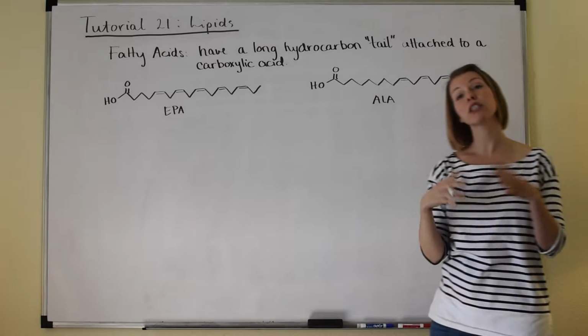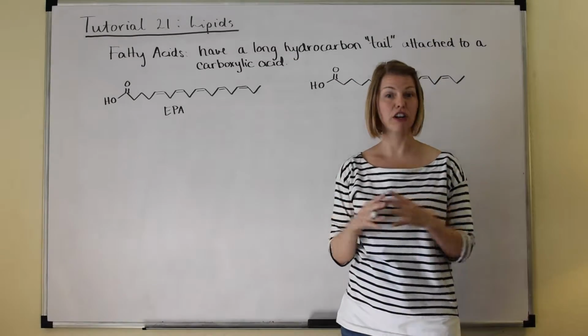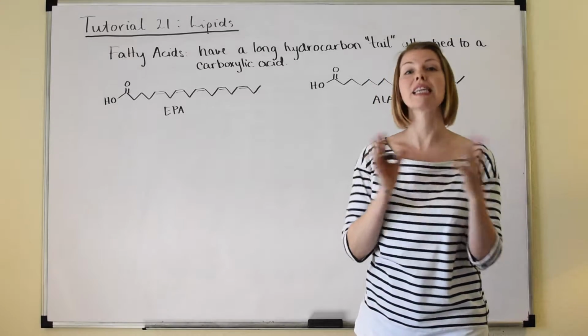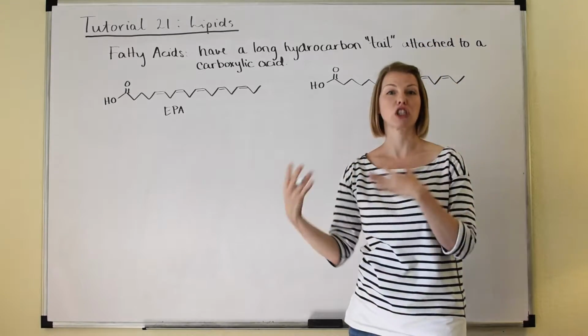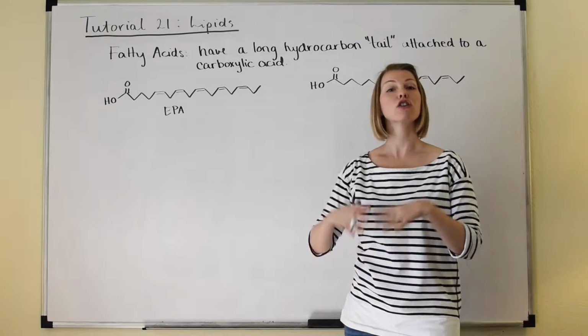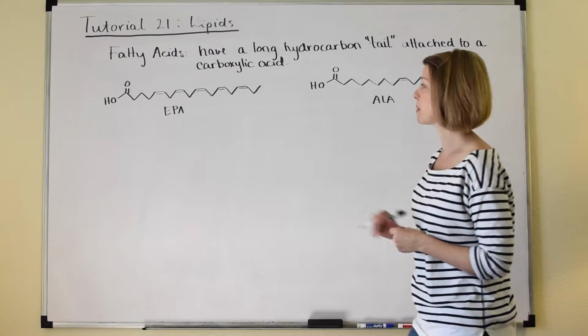Okay, and there are different types of fatty acids. You might already be familiar with saturated fatty acids versus unsaturated fatty acids. So let's talk about what those terms mean.